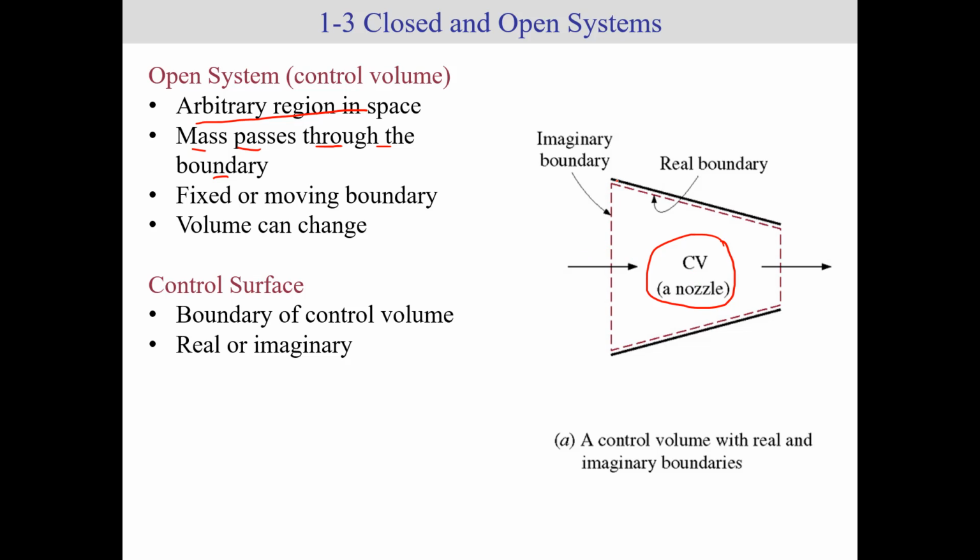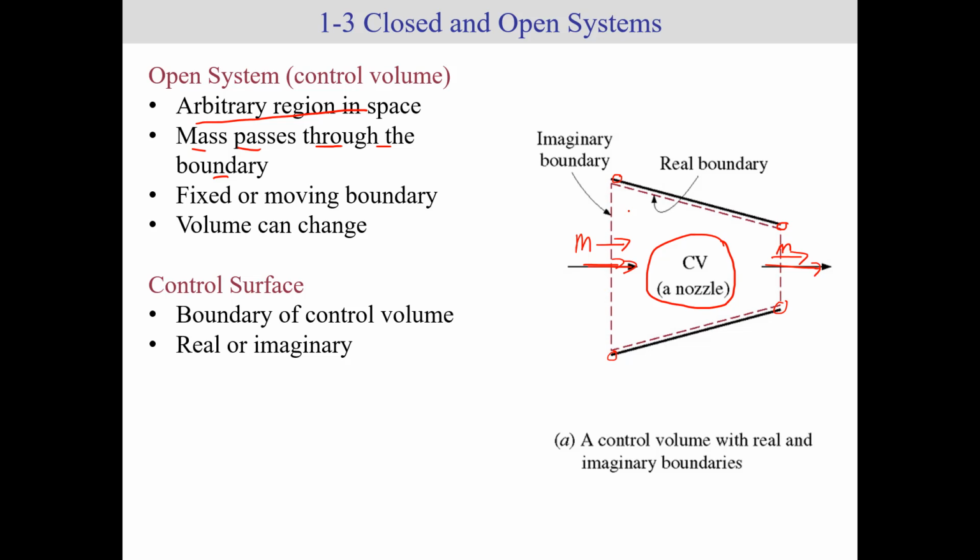It's a cone shape, and I have a large area coming in and a small area going out. If air is coming in, it will be at a faster velocity exiting than it is coming in. But as you can tell, mass is crossing the boundary. So therefore, it's an open system. Not only can energy cross the boundary, but mass can also.